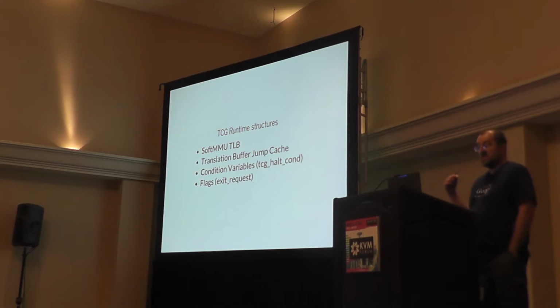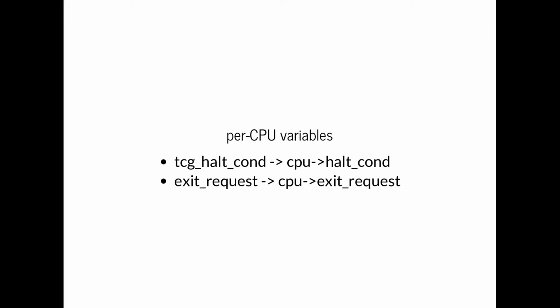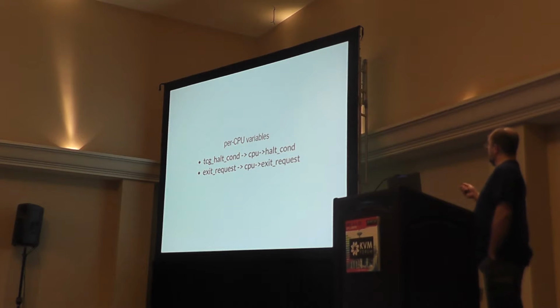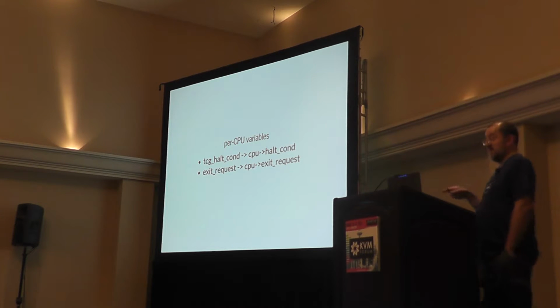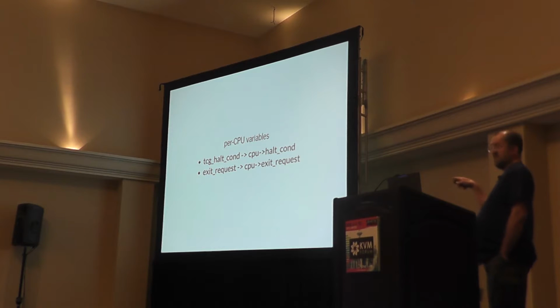There's a jump cache that's used for looking up new translation blocks, and a couple of condition and flag variables. The condition and flag variables are fairly simple to make per vCPU. This includes a halt condition variable, which is used to block the vCPU on pending work, and an exit request, which raises a flag to bring us out of the translated code.